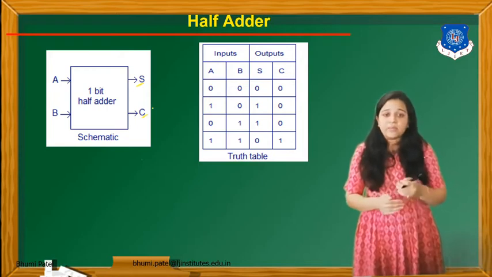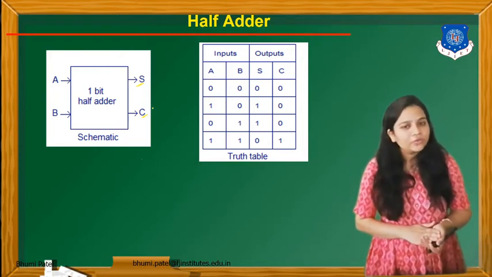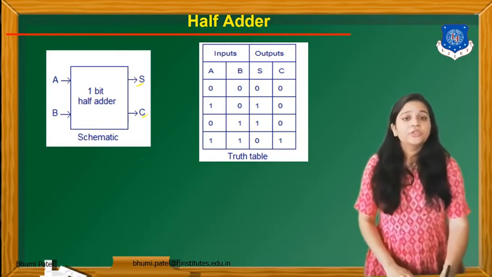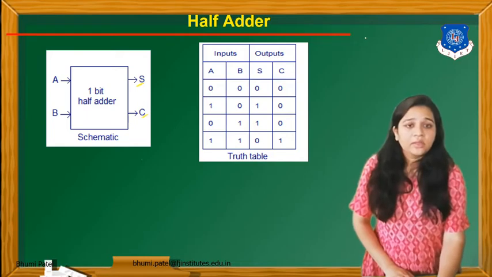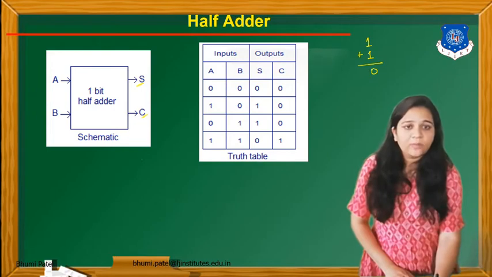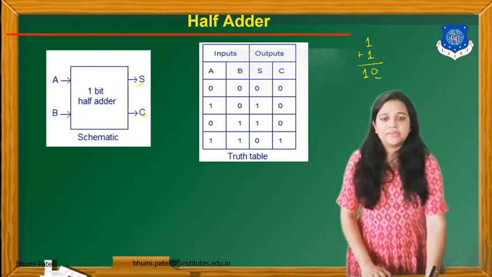For 0 1, same as above, sum is 1 and carry is 0. And for 1 1, 1 plus 1, the answer is 0 and carry will be 1. So we put 0 as the sum and 1 as the carry.